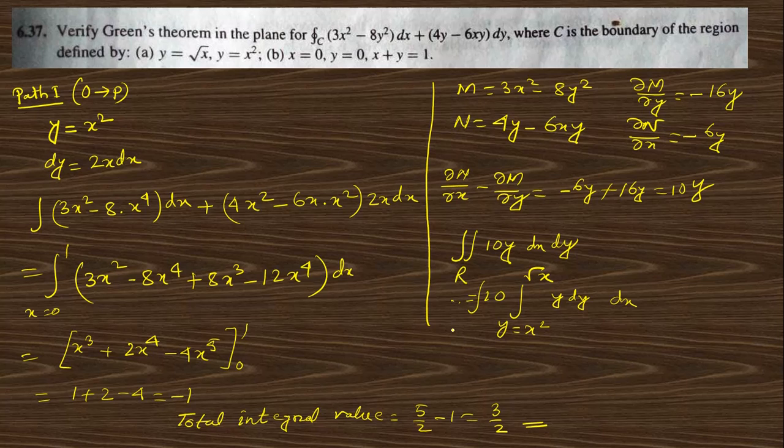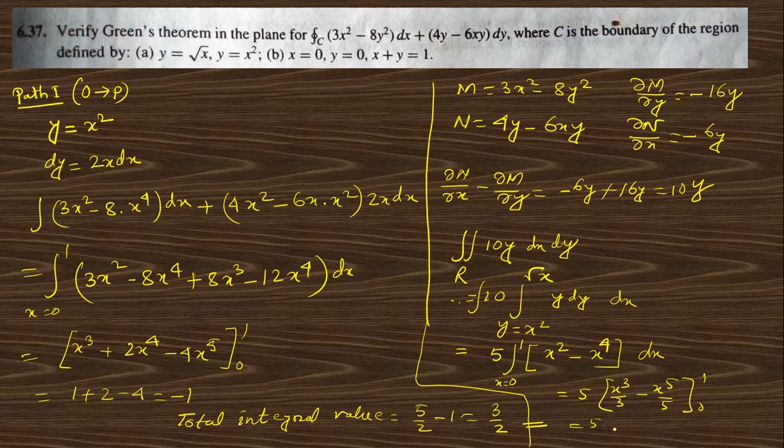Integration, another integration here. So y square by 2, so this becomes 5y square. Y square means upper limit squared, so root x square is x, and x square squared means x to the power 4, integration dx. And the limit of x is 0 to 1, so this is 5 times x square by 2 minus x to the power 5 by 5, 0 to 1.